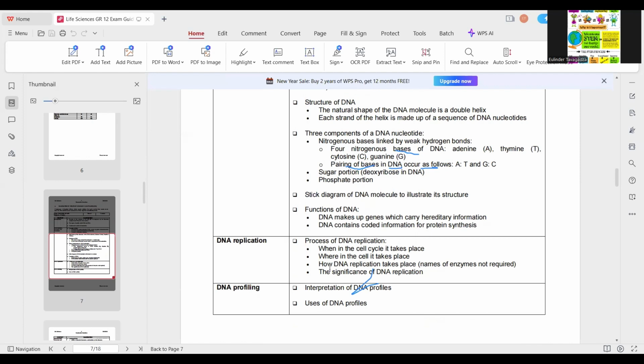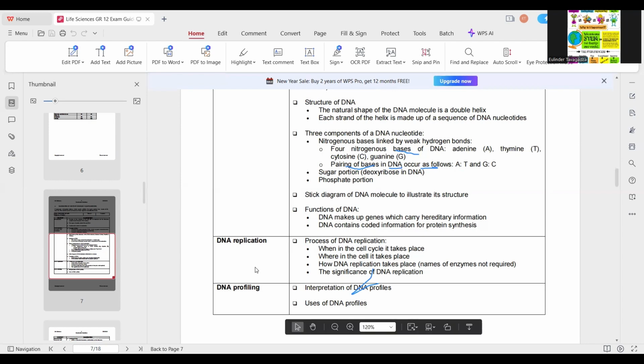You should know where the process happens. You should know how DNA replication takes place. Of course, the names of enzymes are not required here, so you are not including the names of enzymes.